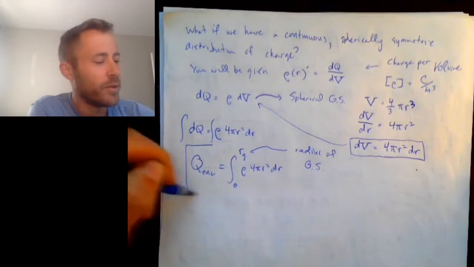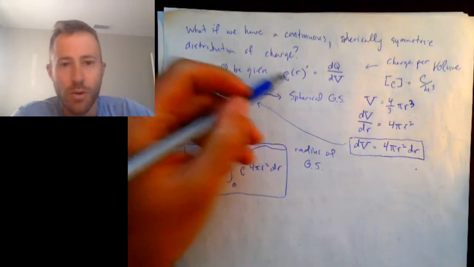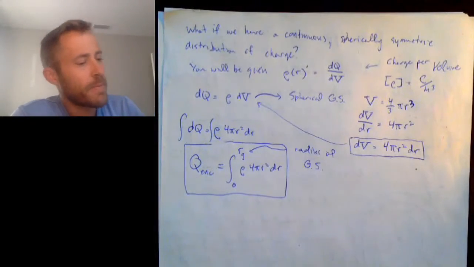Okay? So if you have a continuous distribution of charge, meaning you're given a rho, you have to do an integral to figure out the charge enclosed.